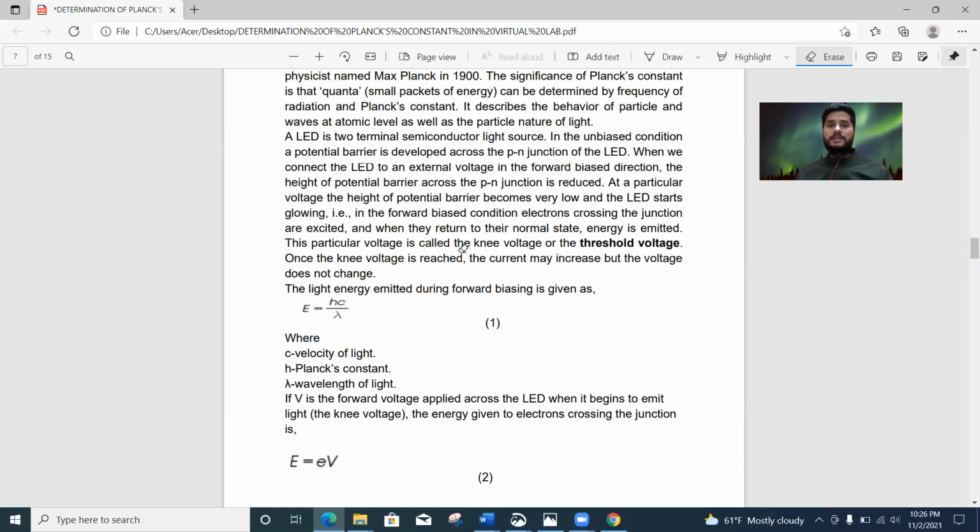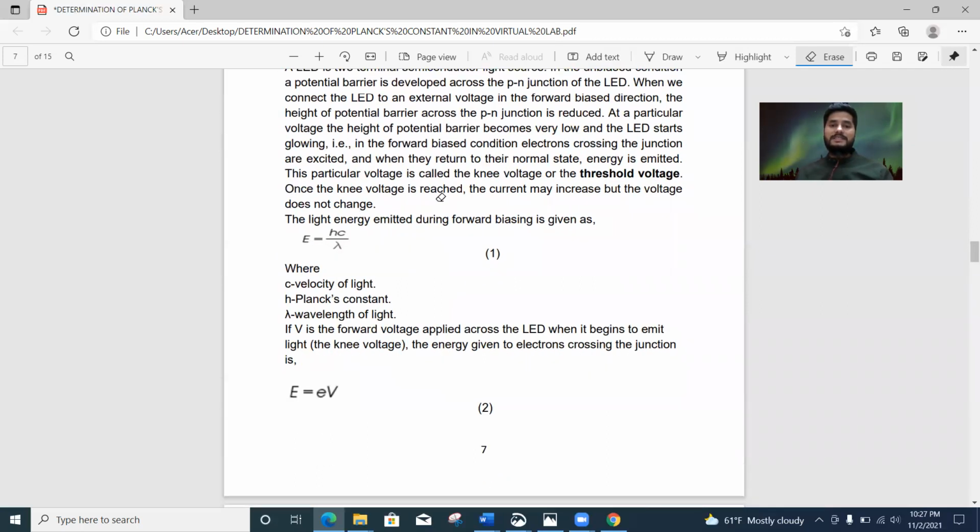This particular voltage is called the knee voltage. When the electrons are excited and jump to a higher energy level, after returning to the normal state they release their energy in the form of wavelength, and the corresponding voltage to emit the energy is known as the knee voltage or threshold voltage.